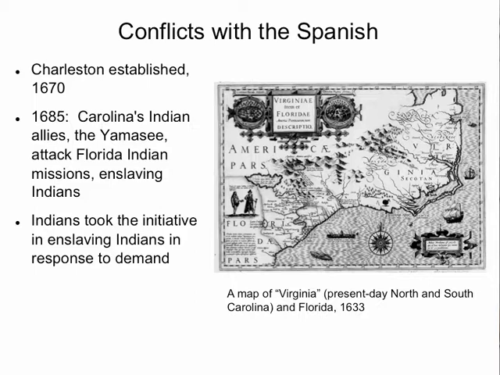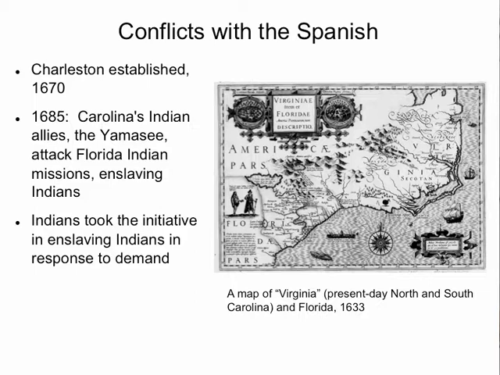Well, you have to understand that North America consisted of thousands of different Indian tribes, different cultures, and many of these tribes had been enemies for hundreds of years. And so the Yamasee didn't think of those Florida Indians as their own people. They thought of them as their traditional enemies. And they were very happy to use English weapons to get an edge on their enemies, these Florida Indians.